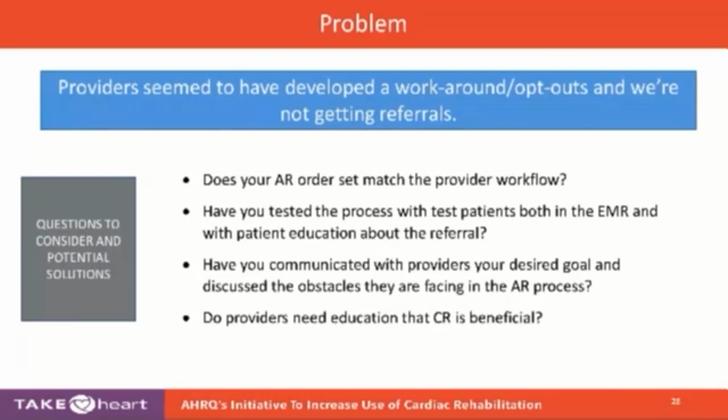As a provider, do you find the inappropriate diagnosis is often auto-selected on the referral? We're finding that the admitting diagnosis is used on these referrals, which causes a lot of work for the CR team members to get this corrected.